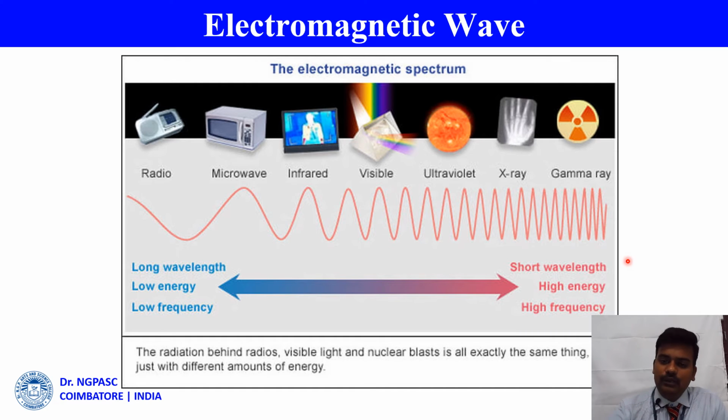These three rays are very harmful to all living beings, not only humans. When we increase the wavelength, it becomes visible light, infrared, and microwave radio waves, which are non-harmful because they do not produce the ionization process.